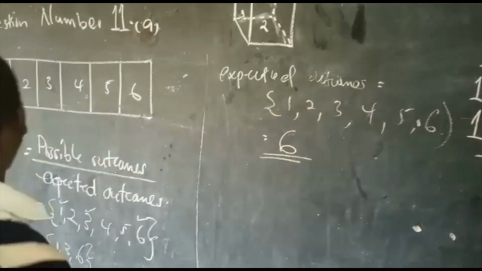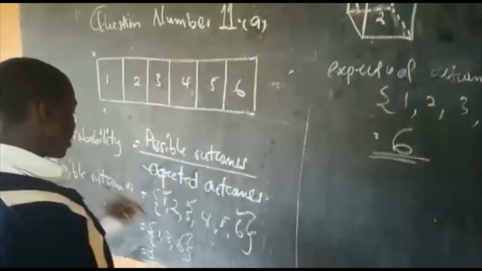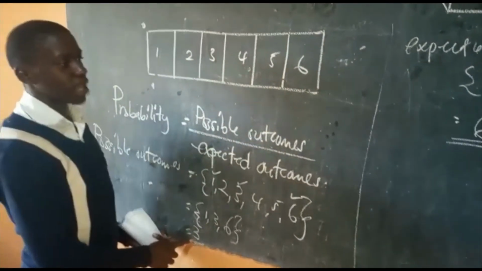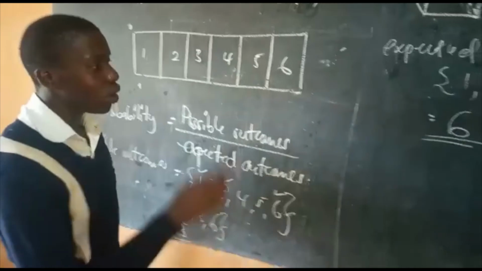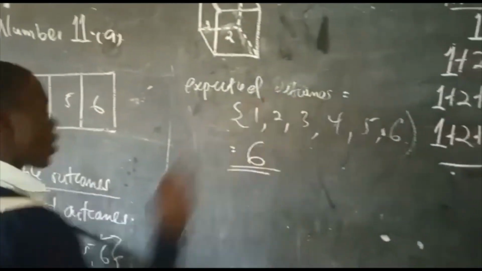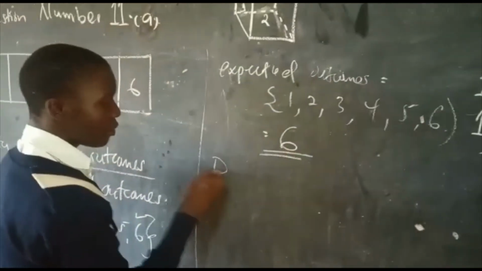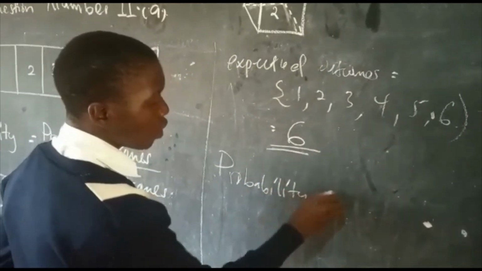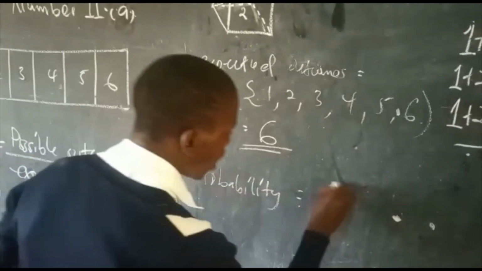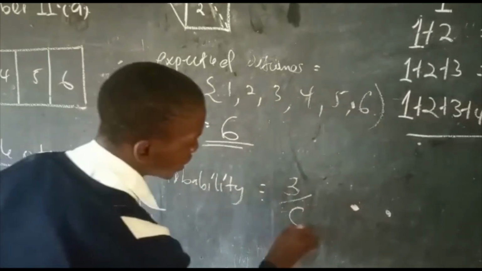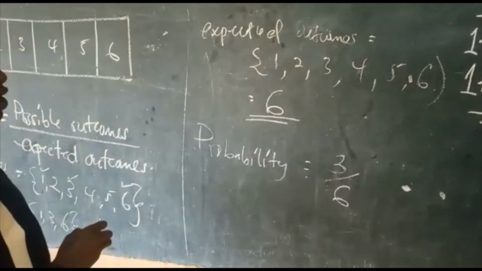When I want the probability of these possible outcomes, which are the triangular numbers that must appear on the surface, out of the expected outcomes, the probability will be equal to 3, which is our possible outcome, over 6, which is our expected outcome.